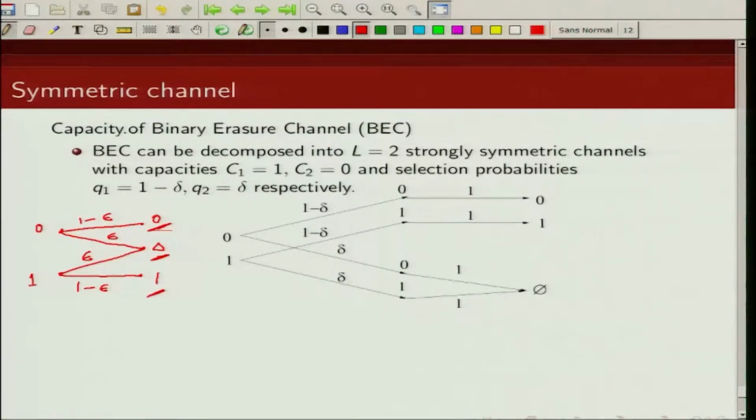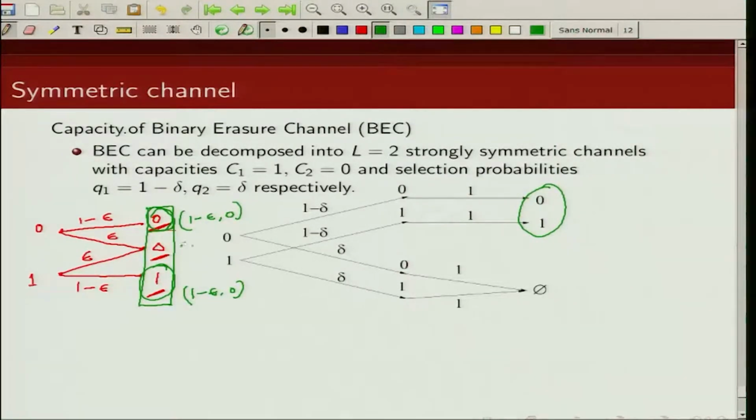So the first thing that we will do is decompose it in such a way that this particular output symbol and this particular output symbol belong to the same channel, like here, because they have the same focusing. You can check, this is 1 minus epsilon, 0, and this is 1 minus epsilon, 0.